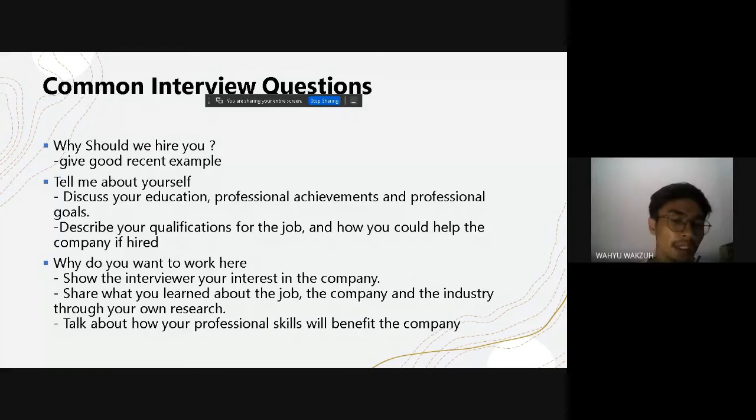And number three, why do you want to work here? For this question, you need to show the interviewer your interest in the company, share what you learned about the job, the company, and the industry. Talk about your own research. Talk about how your professional skills will benefit the company.